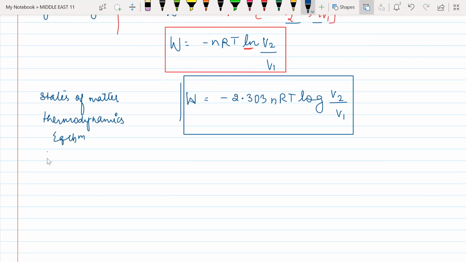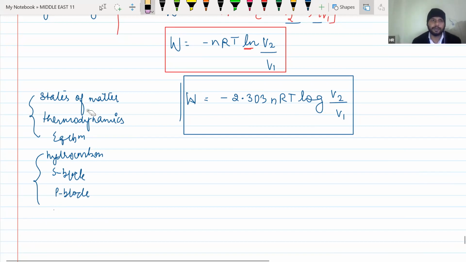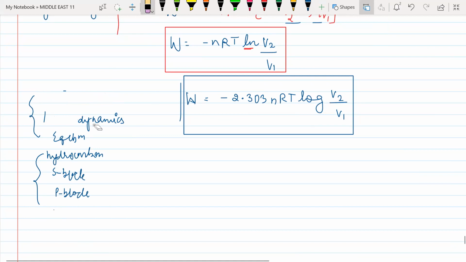Equilibrium and hydrocarbon and S block and P block. And which chapter? Three chapters from the first book and these three from the second book. Hydrogen, I don't think it's there. No, sir, it's not there for the second one.